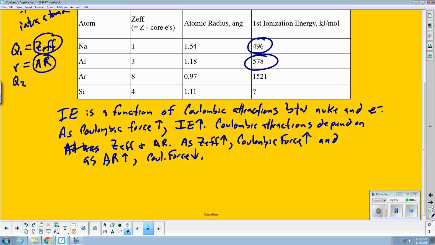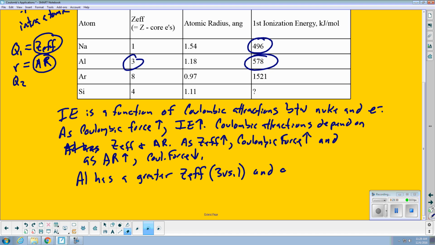There we go. So now maybe we can start making our case. So let's take a look. Aluminum has a greater Z effective, right? Z effective is 3 versus 1. And here's my aluminum, and it has a smaller atomic radius, 1.18 versus 1.54.